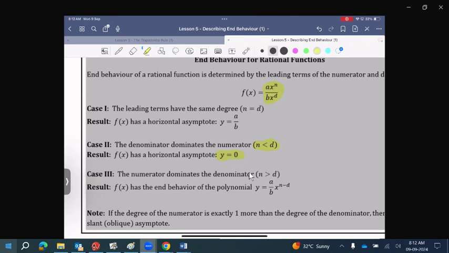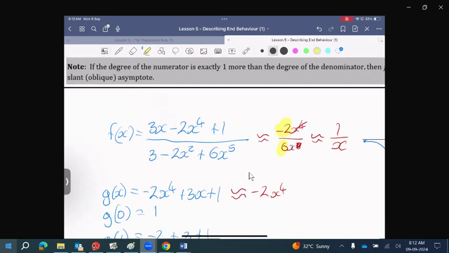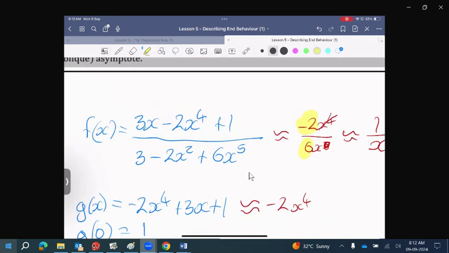Let's go back to that example and see what would happen if I change it up just a little bit. Let's change that number now to 4. So what rational function would this be approximately?